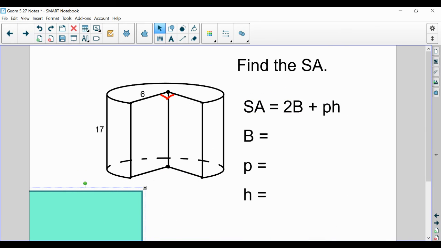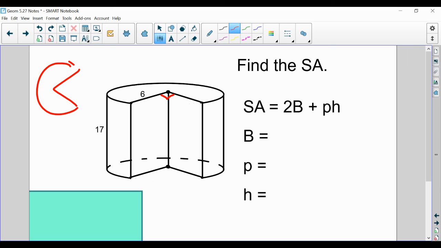So I'm going to treat this like it's a prism. And the area of my base is going to be the area of this sector here, that Pac-Man looking thing. Since it's a right angle, it's 3/4 of a circle. So it's 3/4 of 36 pi or 27 pi. That's the area of my base.